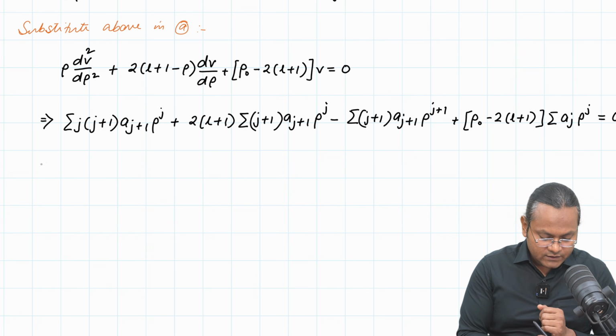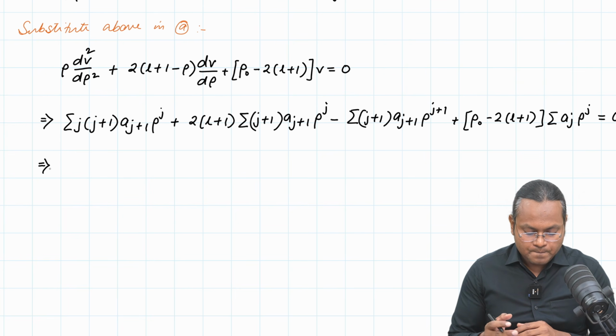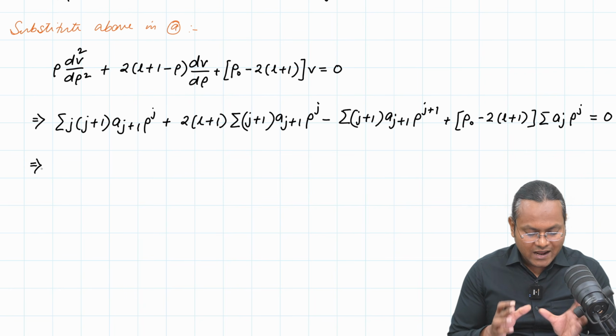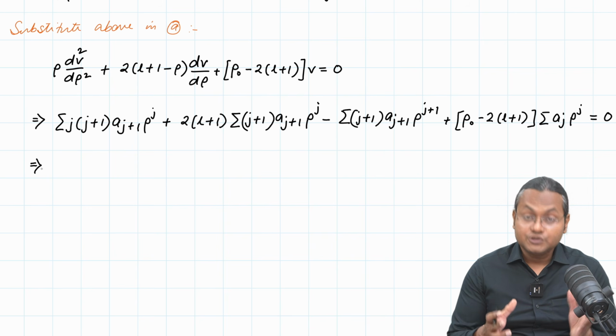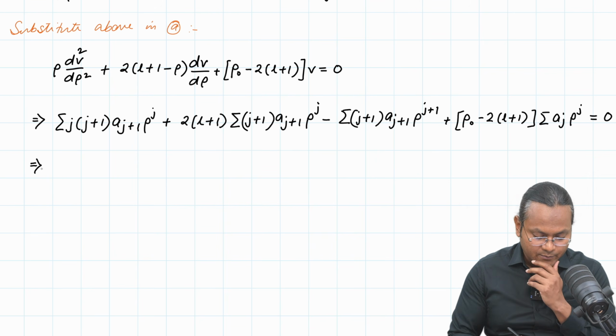How can we proceed further? If I make a comparison of the coefficients of the series. Now, of course, it's an infinite series. I don't have to compare all the coefficients of all the series terms. I just have to take a random rho to the power j and compare their coefficients to get the recursion formula that I'm interested in.